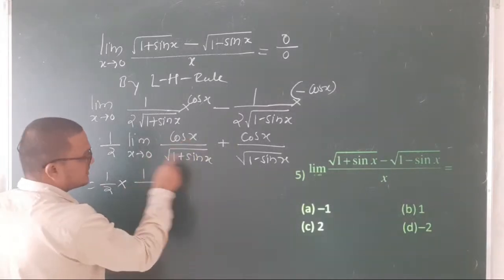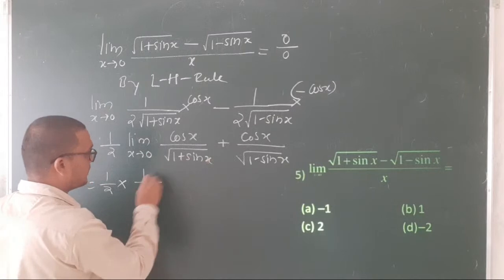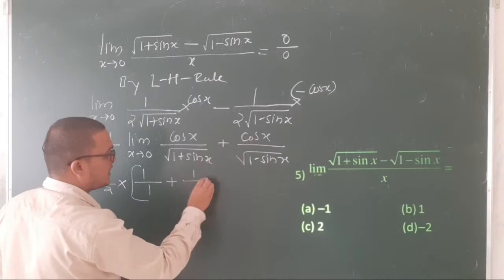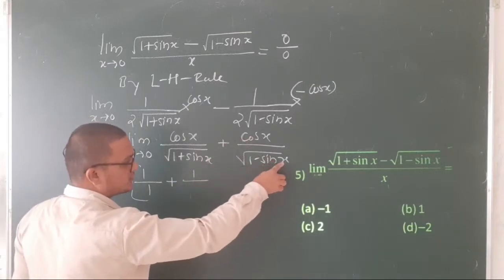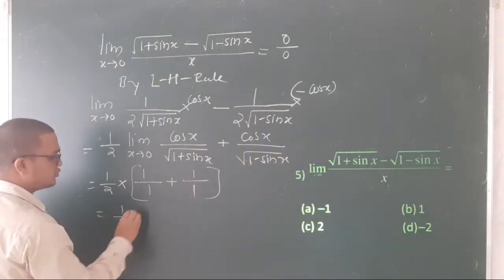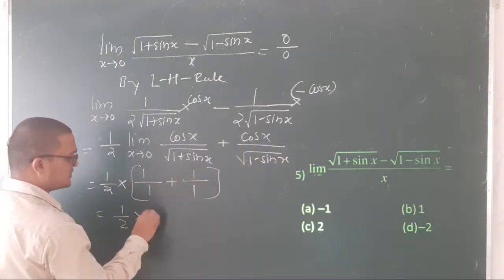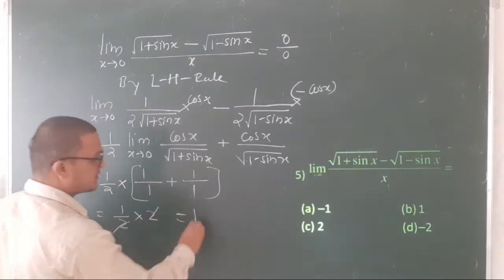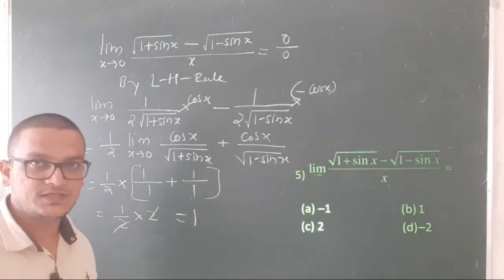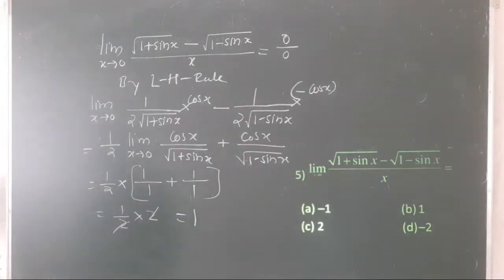Cos 0 is 1, sin 0 is 0, root of 1 is 1, plus cos 0 is 1 upon root of 1 minus sin 0, which is 1. So it will be 1 by 2 into 1 plus 1 is 2, the 2 gets cancelled, answer is 1. So therefore option B is correct. Note down the solution.